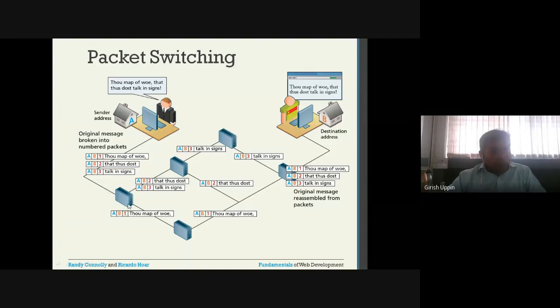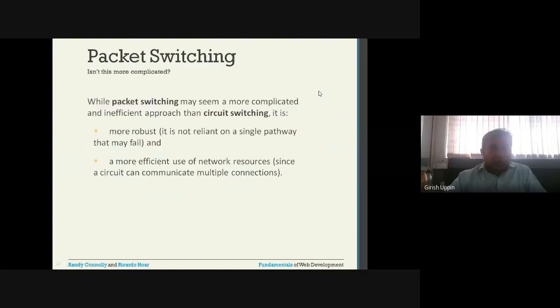AB1 got routed like this and reaches the destination, B2 got routed in this way and reaches the destination, and B3 is routed through this router and gets delivered to the destination. At the destination, it is reassembled to get the message. Whatever message was sent, that message will be received. That is packet switching.